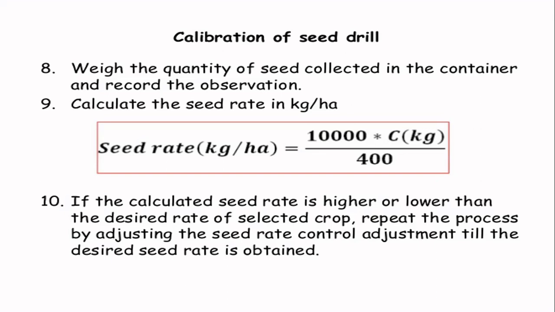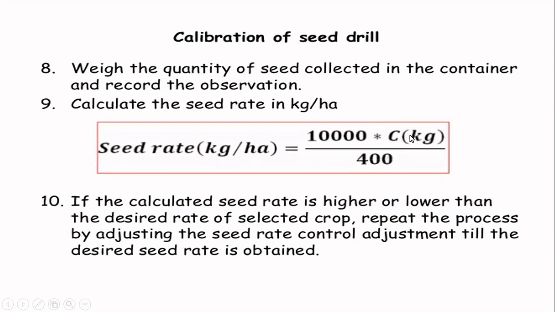Why is 400 there? Actually, one acre should be 4,000. The seed rate is given in kilogram per acre, but the question asks kilogram per hectare. Then divide by 4,000.